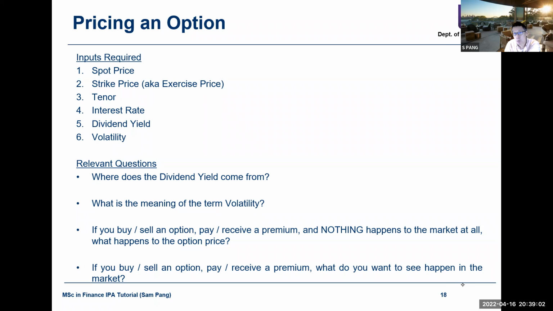What are the inputs required for pricing an option? These are the ones in front of you. The spot price, the strike. If you don't count the strike, then the price now, and then how long it is, the risk-free rate, dividend yield, and volatility.